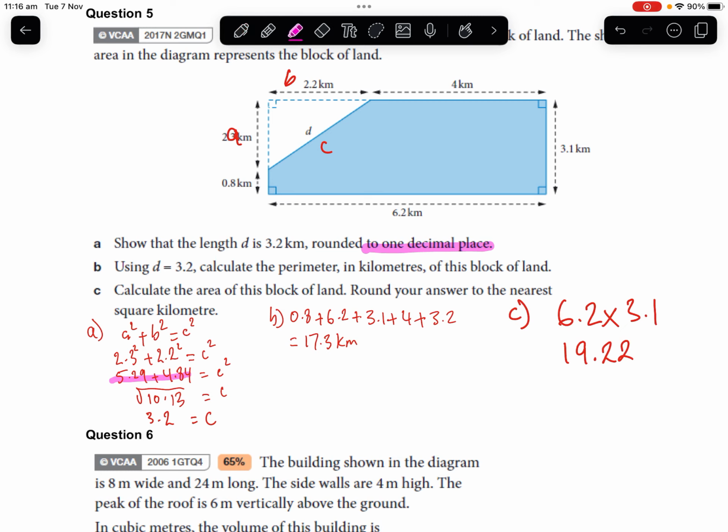It does not matter whether you choose the base to be 2.2 or 2.3, because it's just one number times another, divided by 2. 2.2 times 2.3 divided by 2 gives us 2.53.